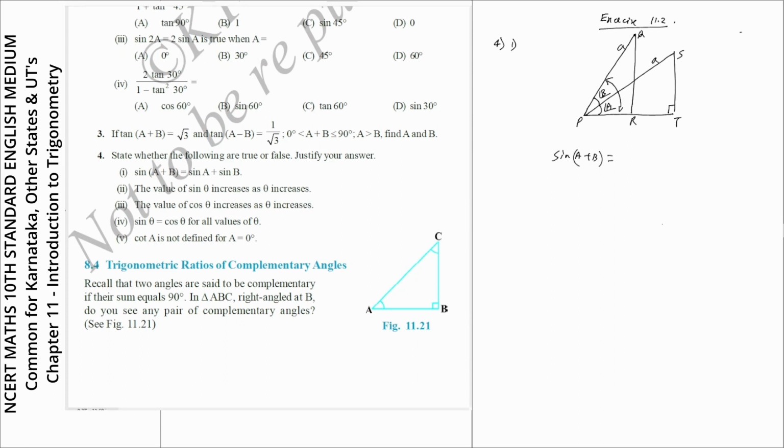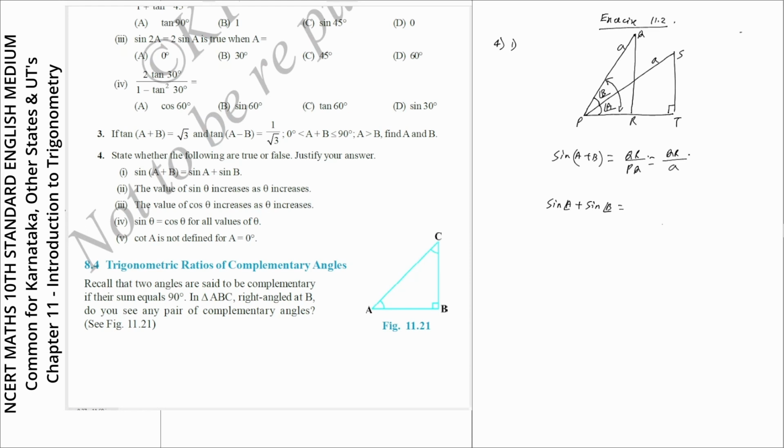Sine of angle A plus B is equal to opposite by adjacent, that is QR by PQ, which is equal to QR by A. Now what is sine of angle A plus sine of angle B?